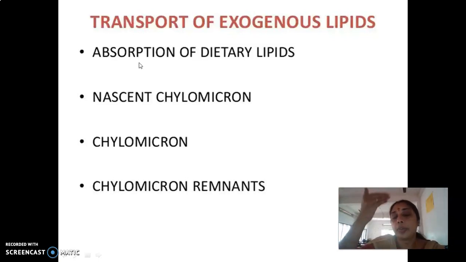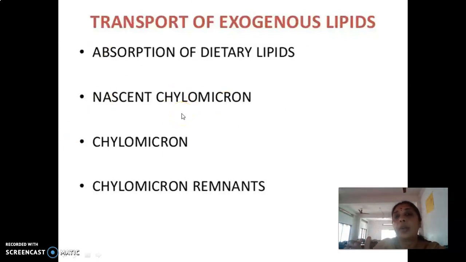This nascent chylomicron leaves the intestinal lumen and enters the lacteals or the lymphatic system, taken to the thoracic duct, and during the course of their journey in the thoracic duct, what happens? They get added with the other apoproteins like ApoC and ApoE, right? And this ApoC and ApoE along with ApoB48 and ApoA, transporting the dietary TG and cholesterol esters, we call a mature chylomicron. So it has a larger size compared to that of nascent chylomicron.